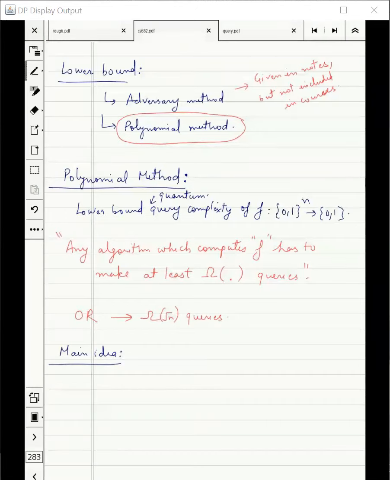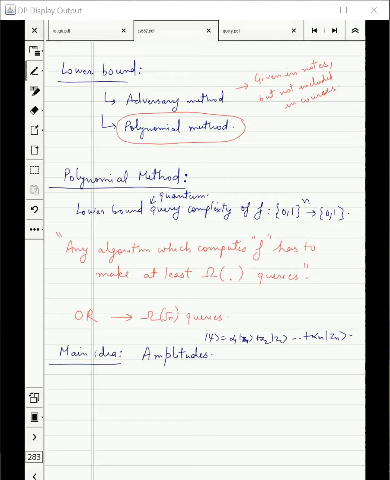But the main idea is that whatever be your algorithm, it will have some final state. The final state will be in terms of many basis states. It will have a lot of amplitudes, right? My final state will look like alpha 1 z1 plus alpha 2 z2, up to alpha n zn. I will describe these z1 to zn, but it will have some basis. Your algorithm will run under some basis plus some amplitudes.